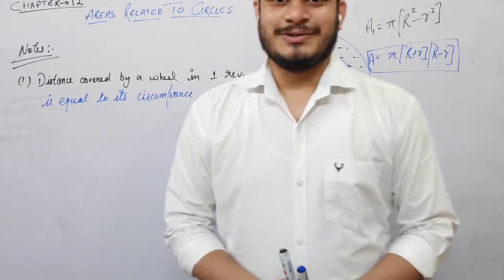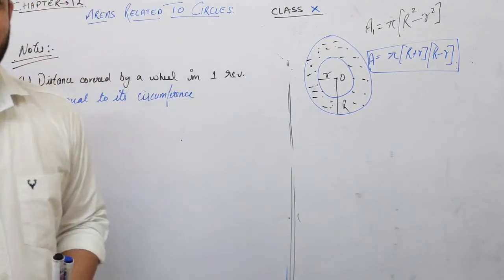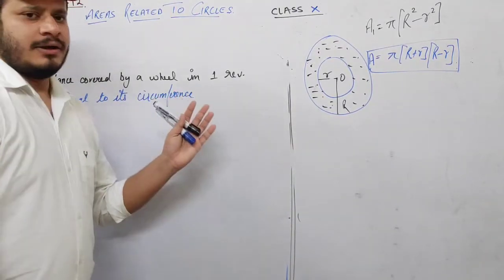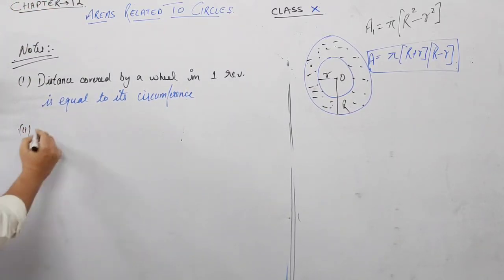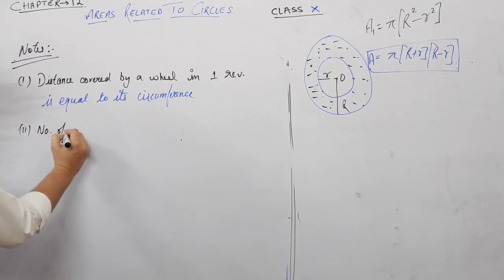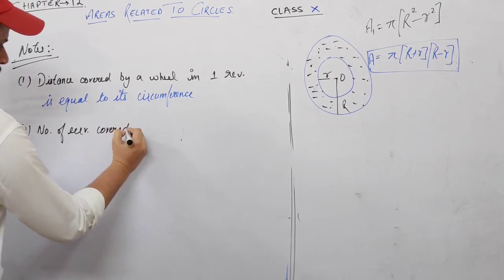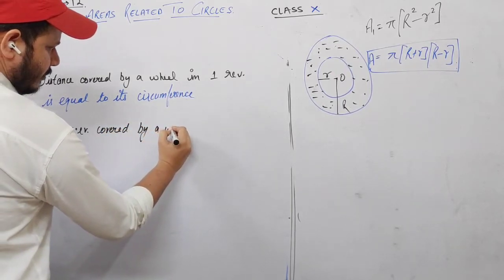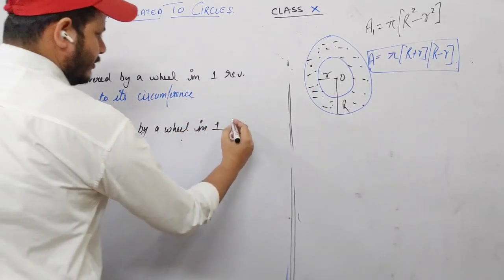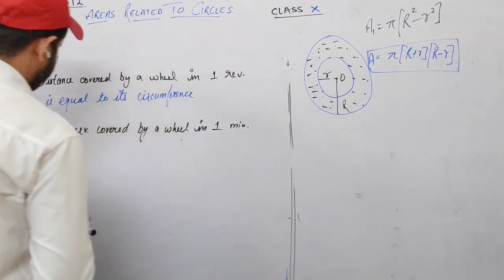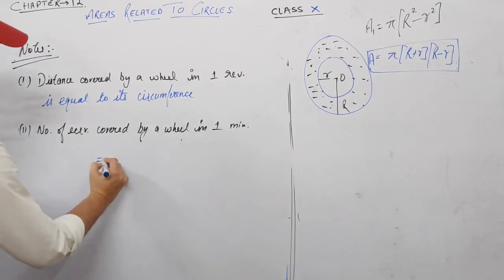Now the next formula is based on this: the number of revolutions covered by a wheel in 1 minute. How can we find the number of revolutions by a wheel in 1 minute?